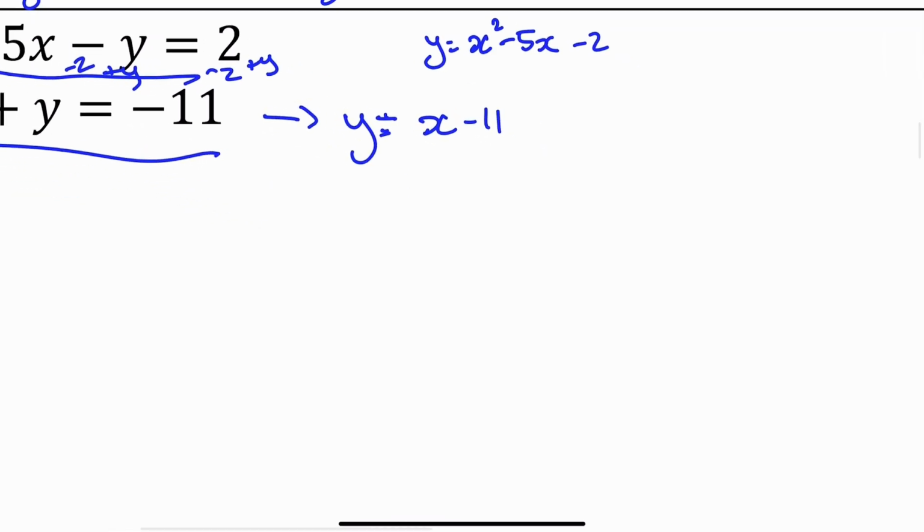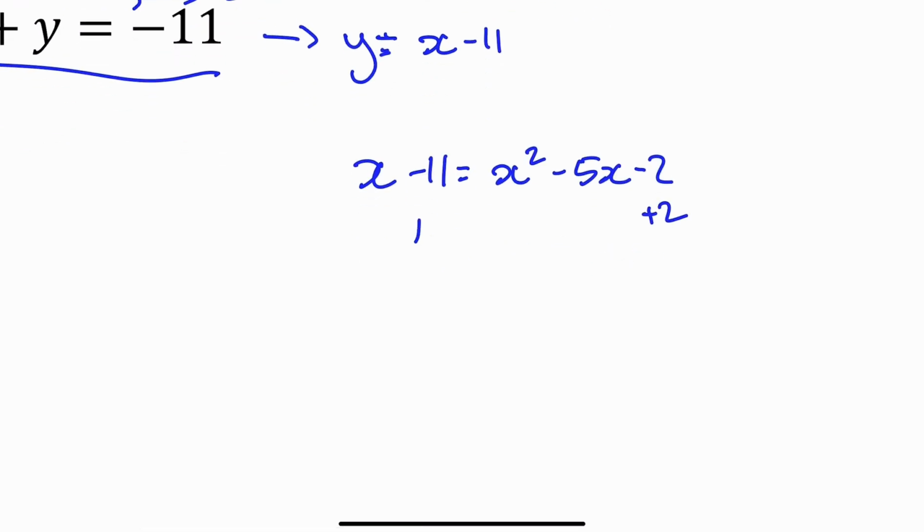There we go. Now that I have that, it's the same exact thing that we learned in geometry. x minus 11 is equal to x squared minus 5x minus 2. Combining like terms, once again, that's an algebra 1 concept, so that's why we're breezing through it right now.